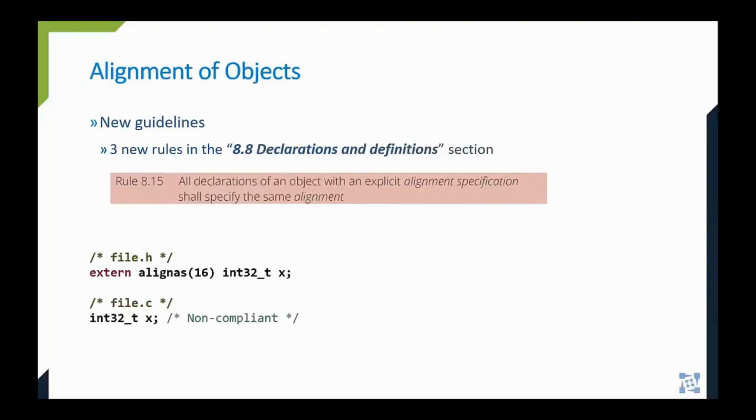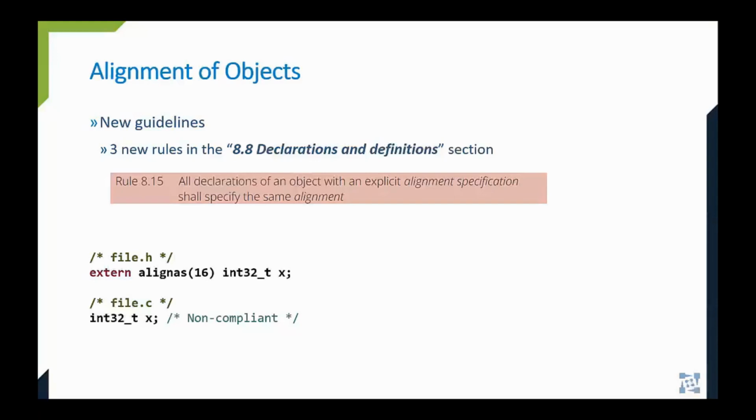Another feature introduced by C11 is an alignment specification. The amendment brings 3 new rules covering this topic. One of them is the new required rule 8.15, which states that all declarations of an object with an explicit alignment specification shall specify the same alignment.